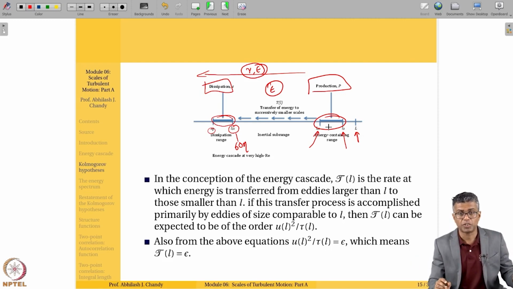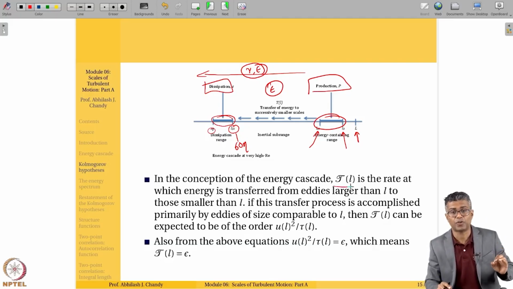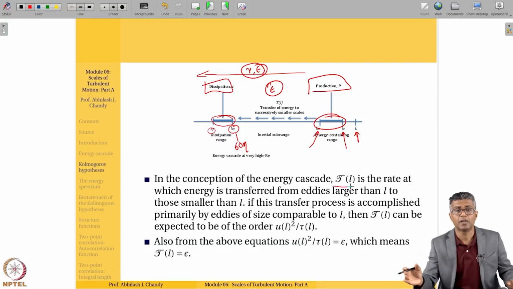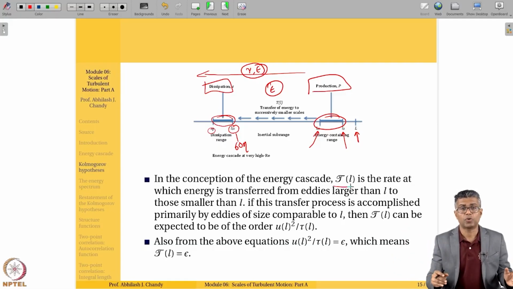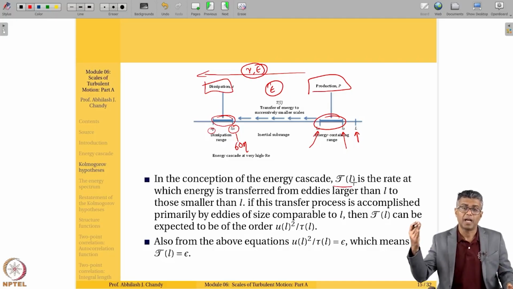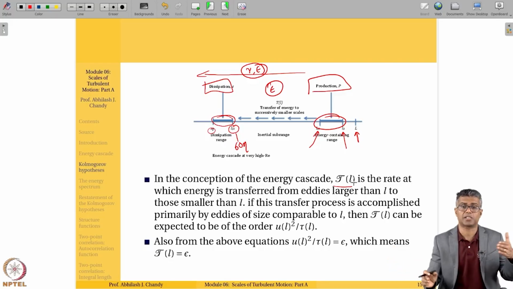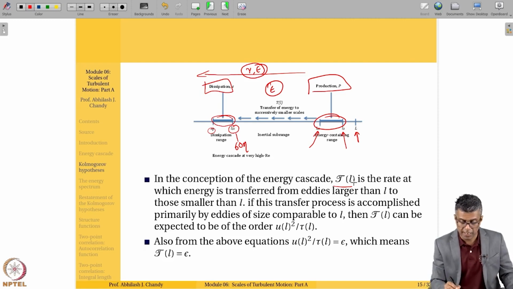So in the conception of the energy cascade, T of L is the rate at which energy is transferred from eddies larger than L to smaller than L, because it goes from the large length scale to the small length scale, isn't it? So let's assume T of L is the rate at which energy is transferred from the scales that are larger than L to scales that are smaller than L. Now, if the transfer process is accomplished primarily by eddies comparable to L, then T of L can be expected to be of the order of UL squared over tau L. What is this?